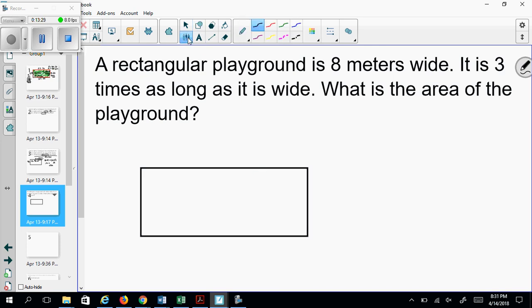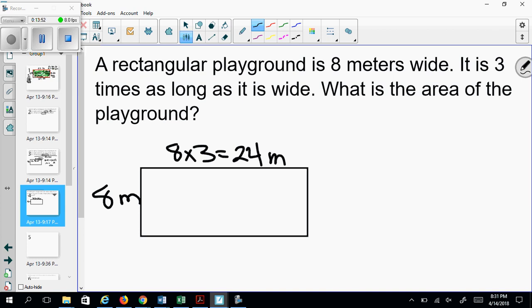So here we have 8 meters wide, and the length is 8 times 3 because it is 3 times as long as it is wide. And so 8 times 3 equals 24. So it is 24 meters long.